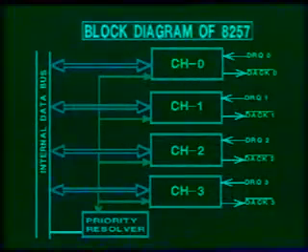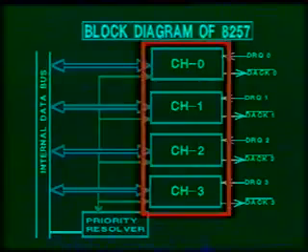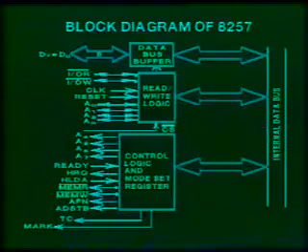IC 8257 is a programmable 4-channel DMA controller. It consists of the following: 4 DMA channels, control logic to manage data transfer, read-write logic, and data bus buffer.